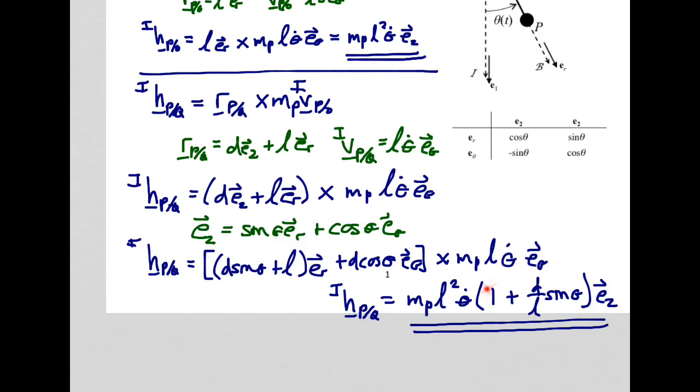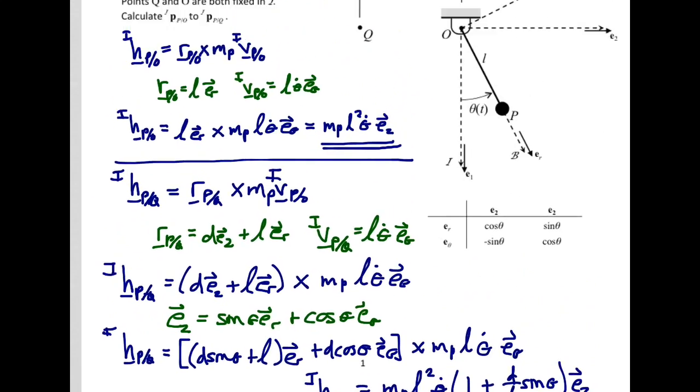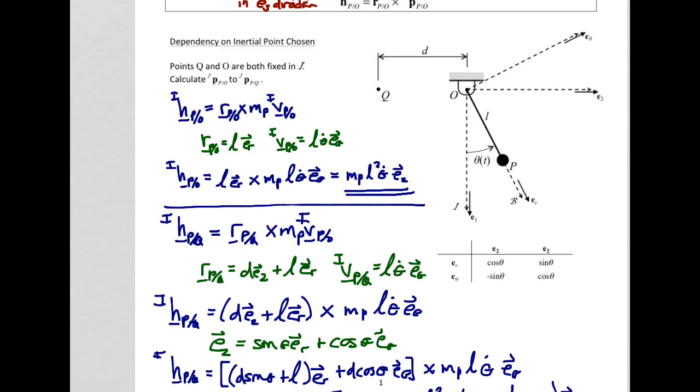But instead of only having the angular momentum that's m L squared theta dot, we have more. We have this term d over L sine theta. And so this is representing that additional lever arm for the angular momentum. And so this mention of a lever arm that we talked about, you've got this additional d term from Q to O.